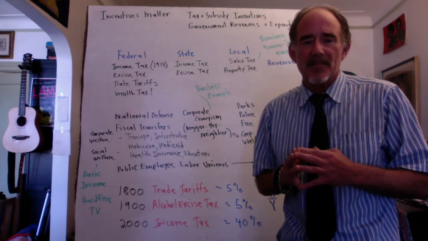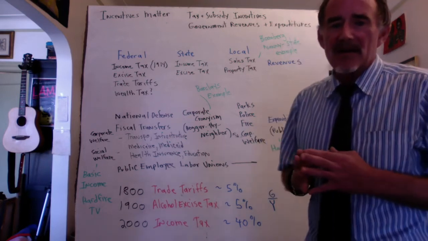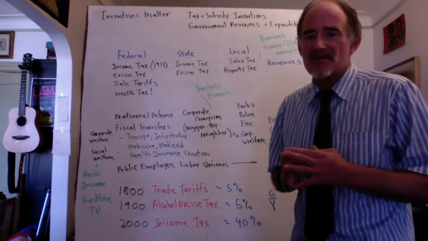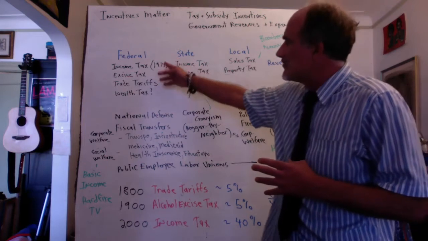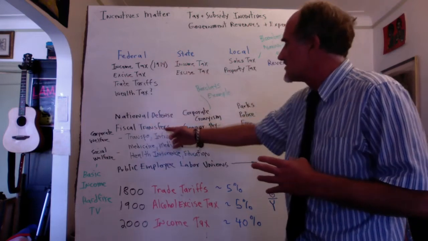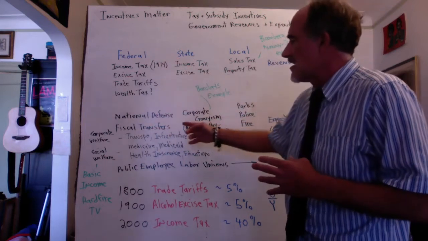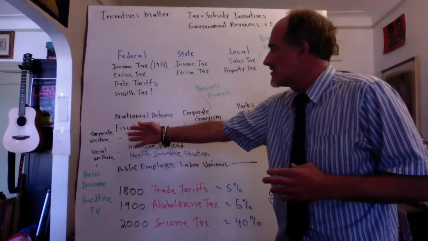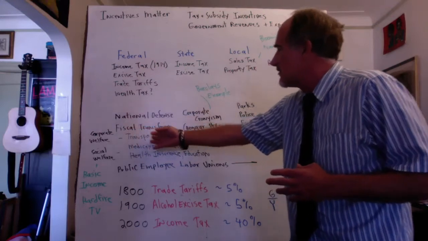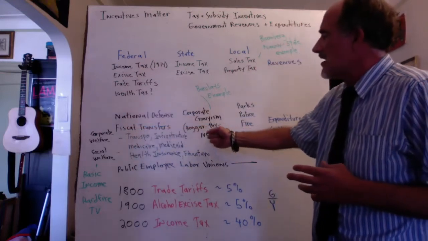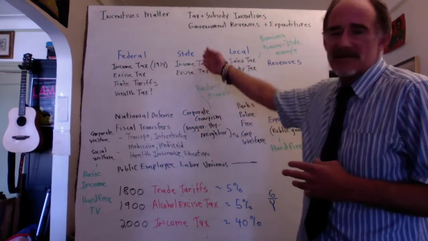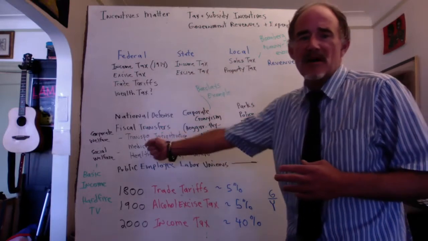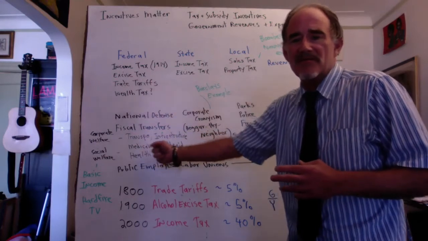But that all ended with the Constitution and the General Welfare Clause. So a lot of the federal revenues are fiscal transfers to the states in the form of corporate and social welfare. By the federal government transferring monies to the state level, they control policy. So the states' rights have been subsumed by the fiscal transfers.